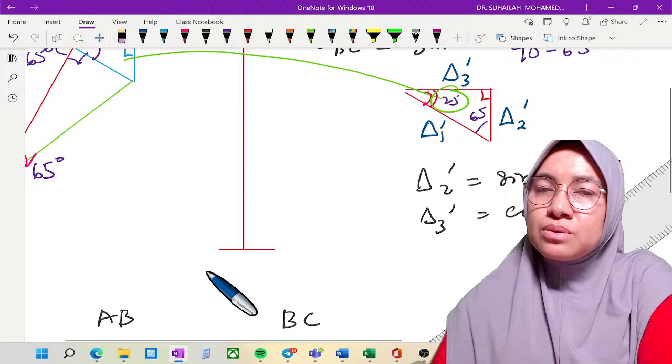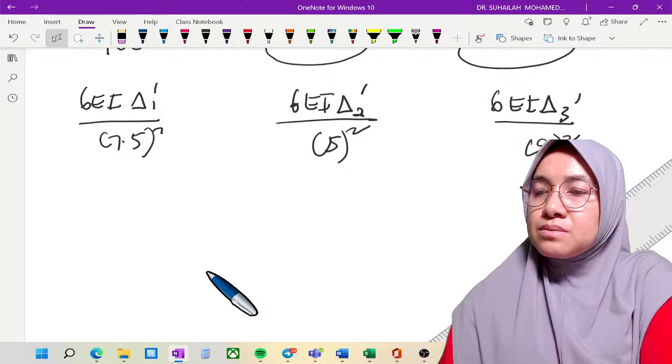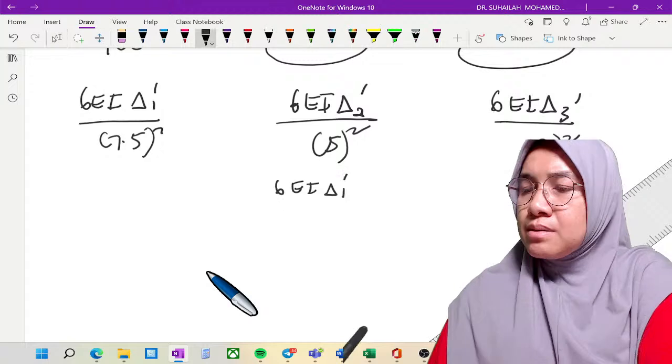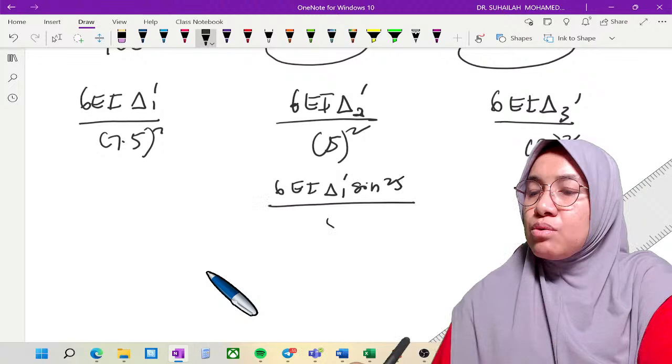So what we get is 6 EI delta 1 prime, this is sine 25, over 5 squared.